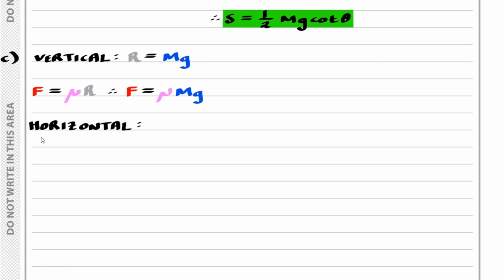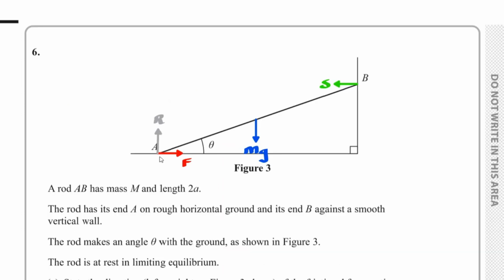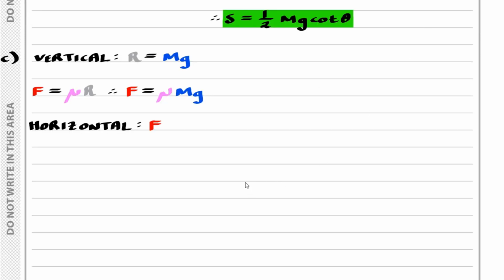Let's now consider what's acting horizontally. Well, I've got this F and this S acting horizontally. So I've got F equals S. Now I know what F is, that's mu times mg, and this is equal to S, which is a half mg cot theta.